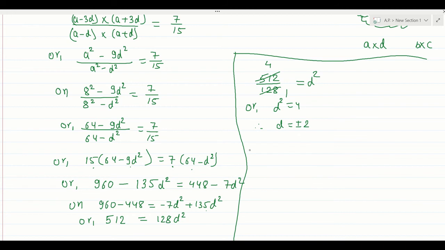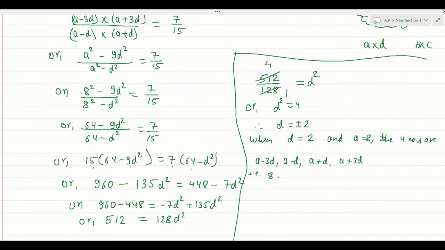Is this clear? So when D is equal to plus 2 and A is equal to 8, the four numbers are A minus 3D, A minus D, A plus D and A plus 3D. That is how much?